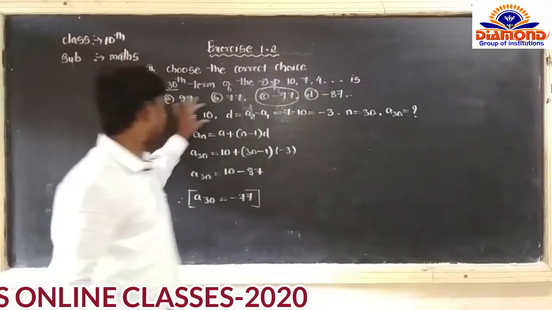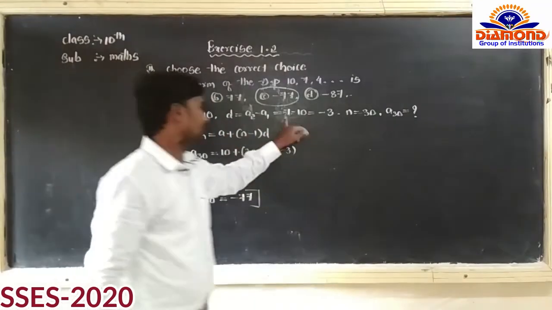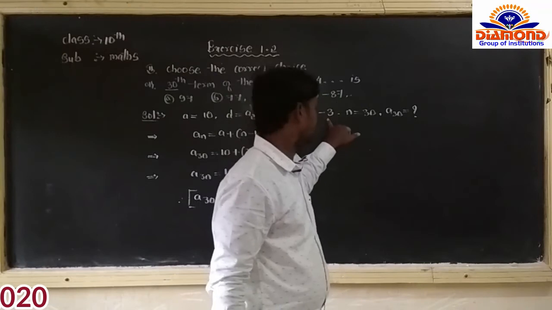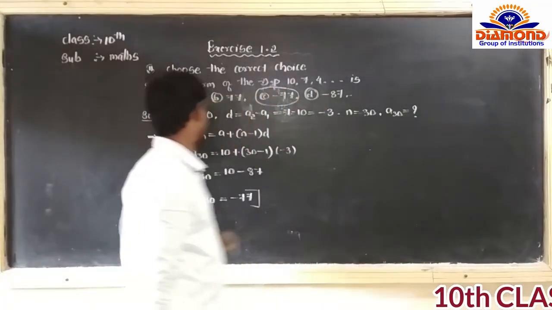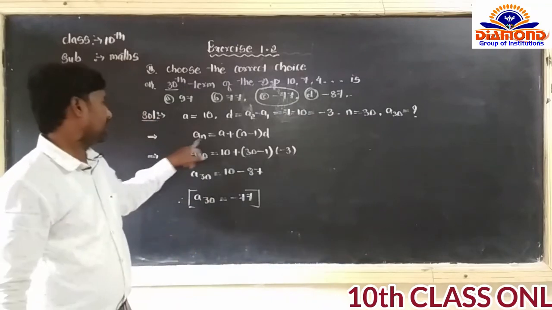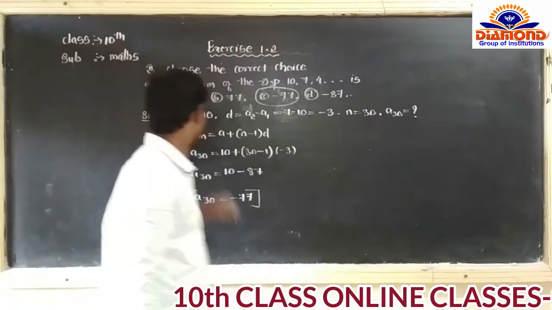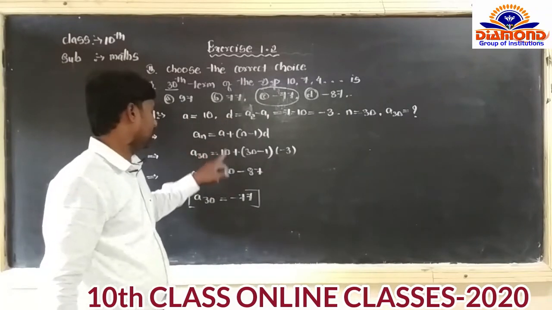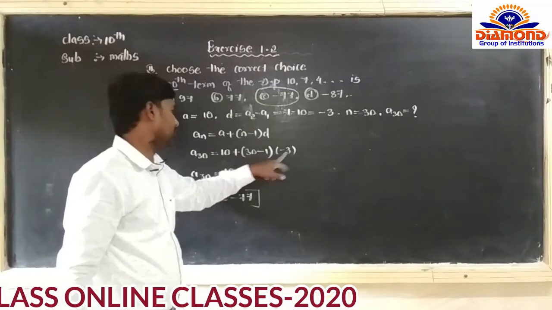So a is equal to 10. Common difference is equal to a2 minus a1, 7 minus 10 is equal to minus 3. n is equal to 30. a30 equal to question mark, dear students. So the formula is an is equal to a plus, in the bracket, n minus 1, bracket close, d. So a30 is equal to a is 10 plus, in the bracket, 30 minus 1, bracket close, minus 3.